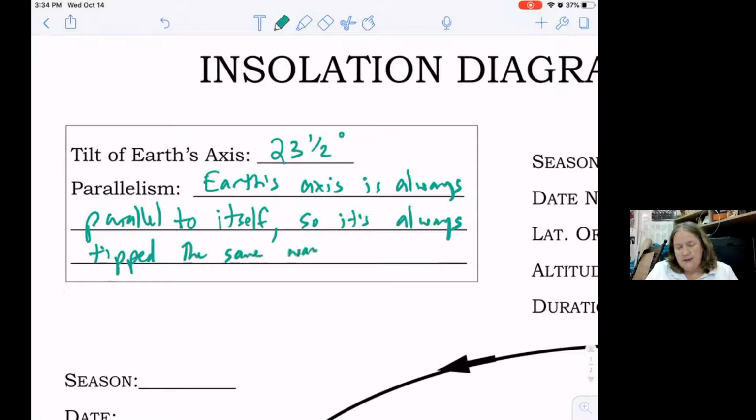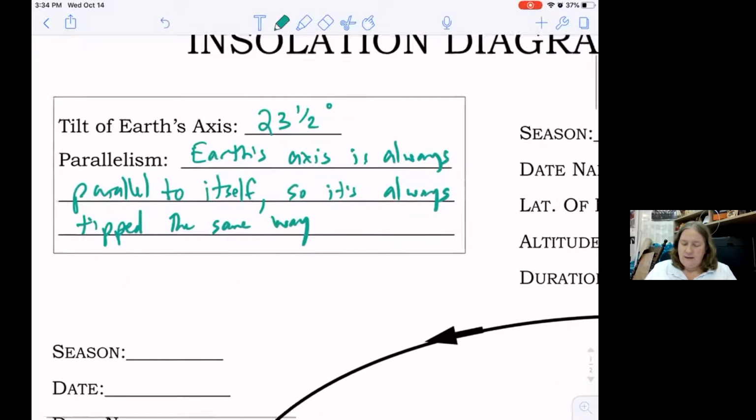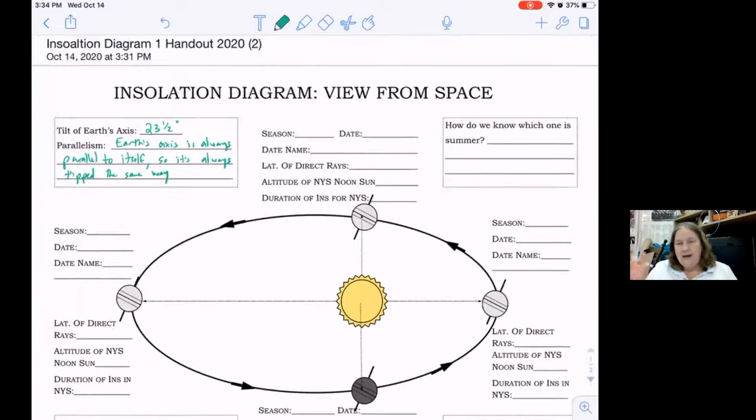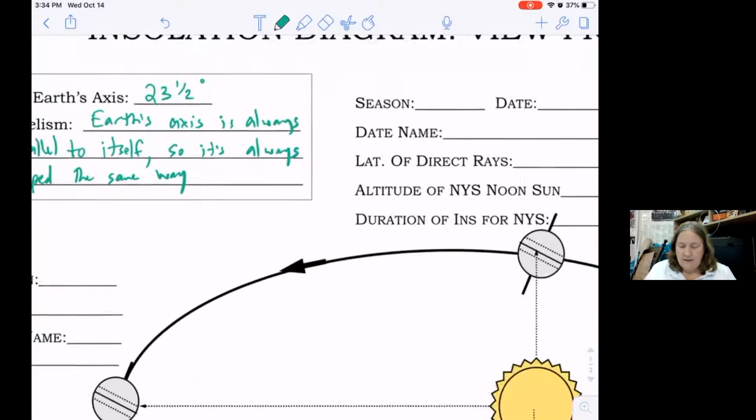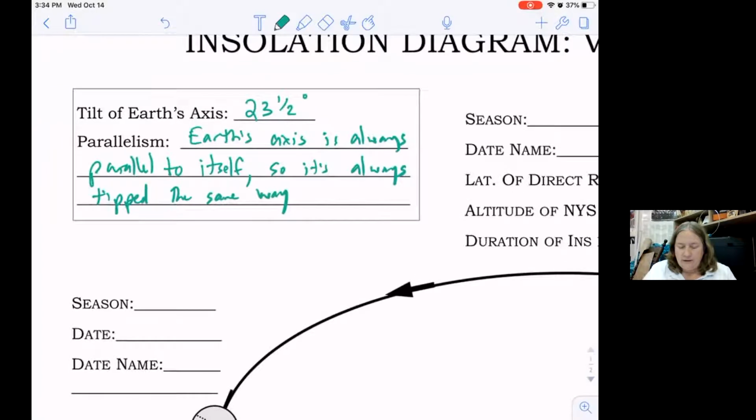So if you look at this diagram, you can see that the axes are all lined up with each other. They're all at that same angle. So that is parallelism. So there it is again. If you didn't get it, Earth's axis is always parallel to itself. So it's always tipped the same way.